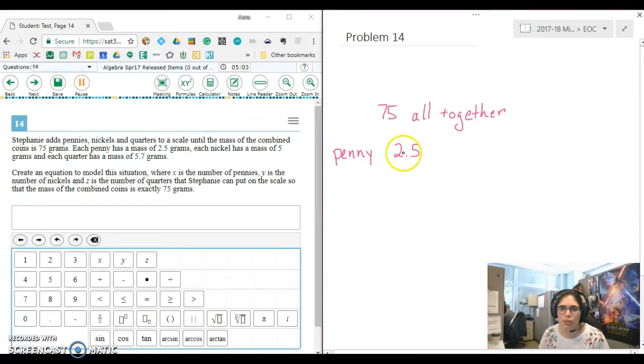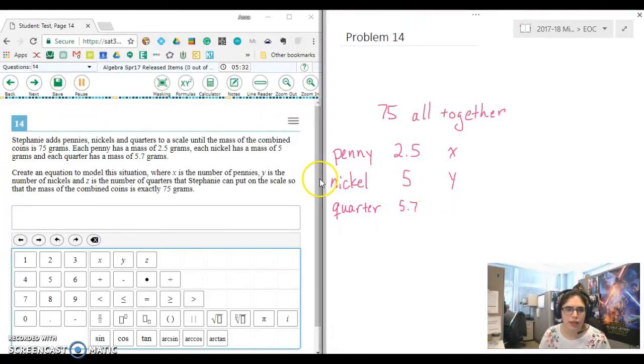So on my piece of paper I'm going to write out penny is 2.5 grams, and I need to represent that with an X. And then each nickel has a mass of 5 grams, and at the bottom it says Y is the number of nickels, so I need to represent that with Y. And then finally each quarter has a mass of 5.7 grams. And down at the bottom it says Z is the number of quarters.